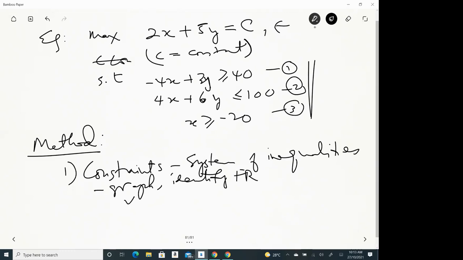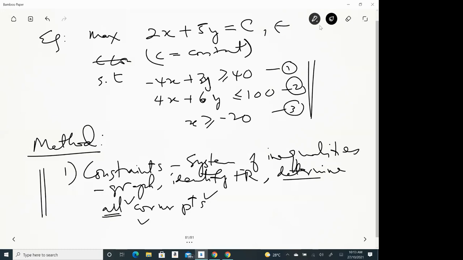So we know this, we know that. And then determine all the corner points, which we already learned. So first part, nothing new with regard to the inequalities. We draw the graph, identify the feasible region, determine all the corner points. I say determine, you have to find the points specifically.